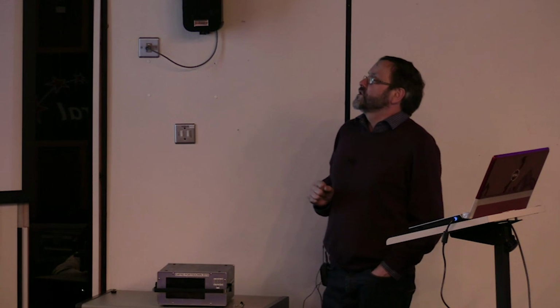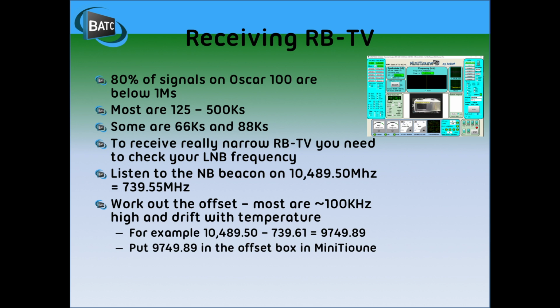Actually receiving the signals, as I said, 80% of the signals on Oscar 100 are below 1 megahertz or 1 megasymbol. Most are in this region of 125 to 500 kilosymbols. And to receive the narrower band ones, you really need to be on frequency.